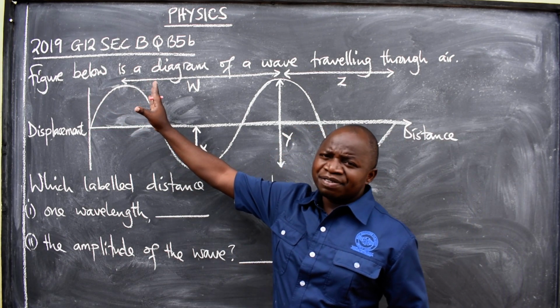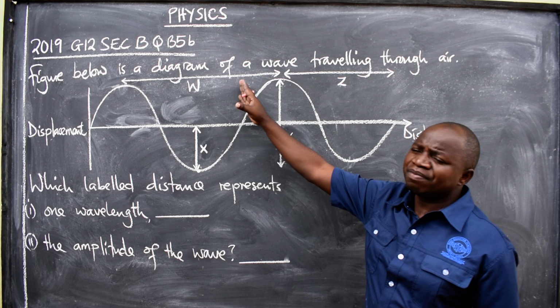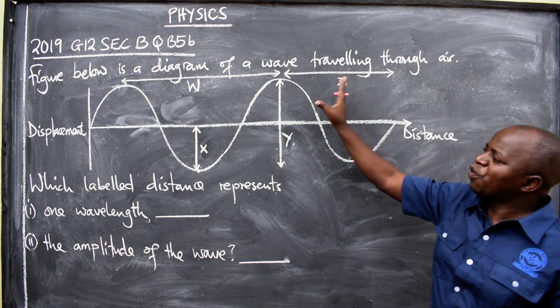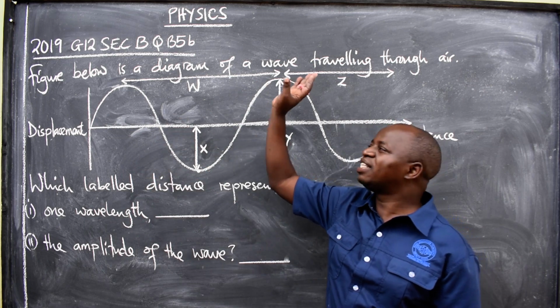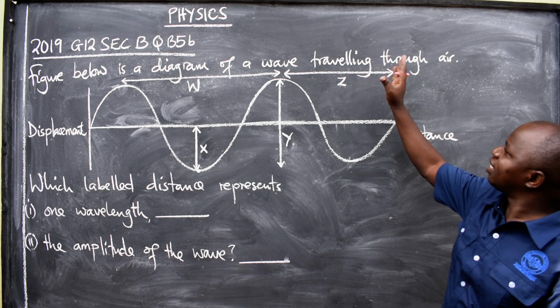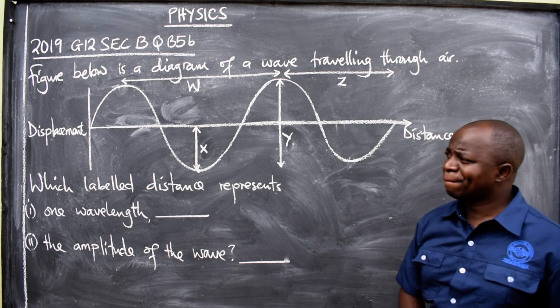The figure below is a diagram of a wave traveling through air.